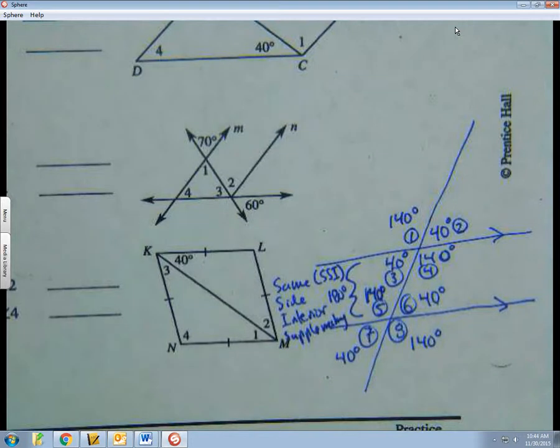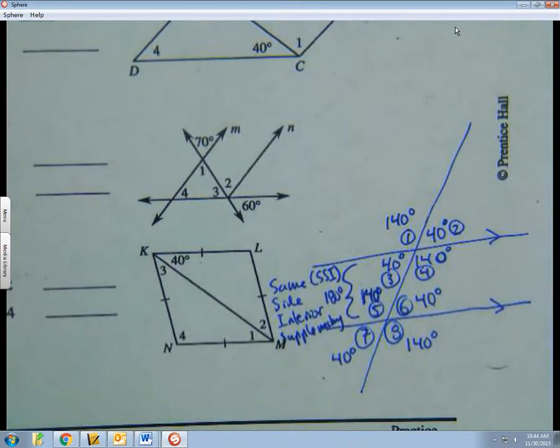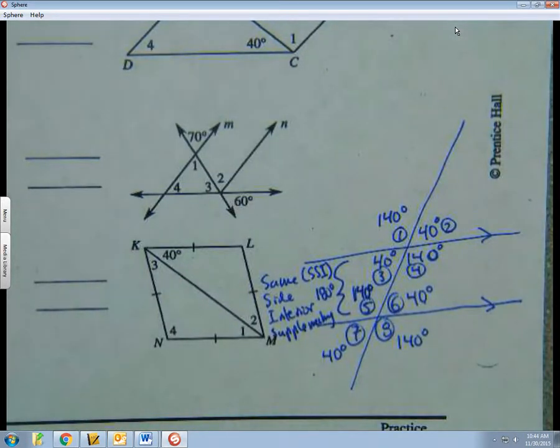So let's revisit some of our angle types, because we did this before the test.